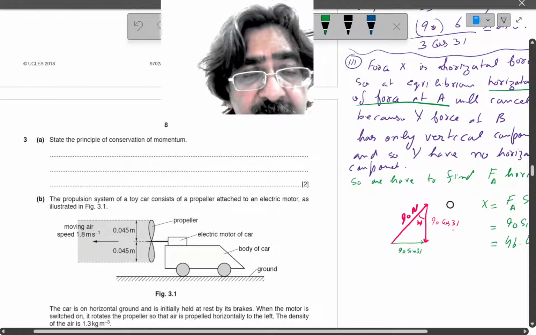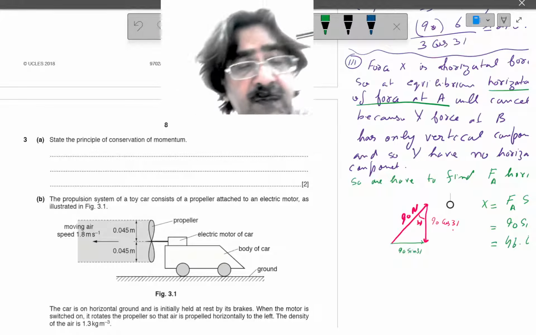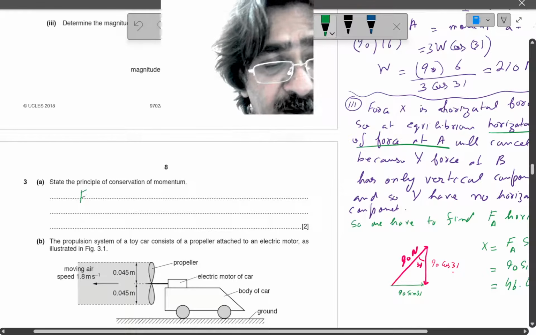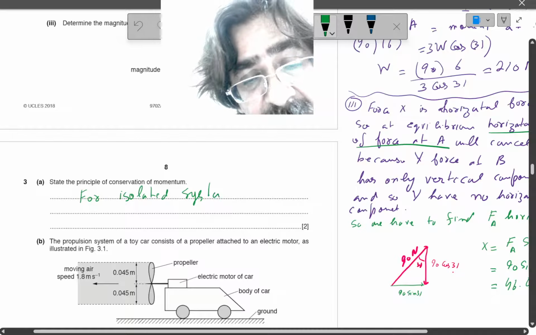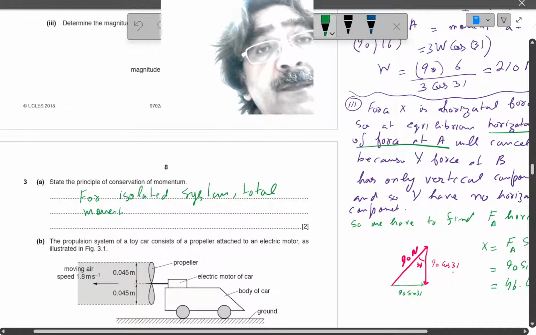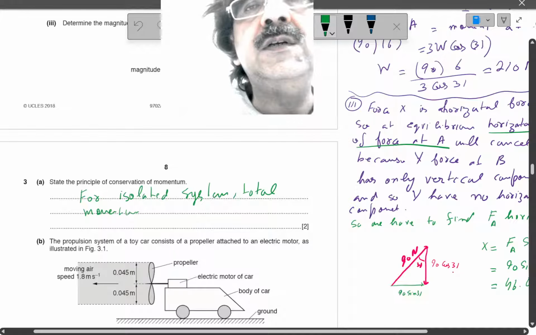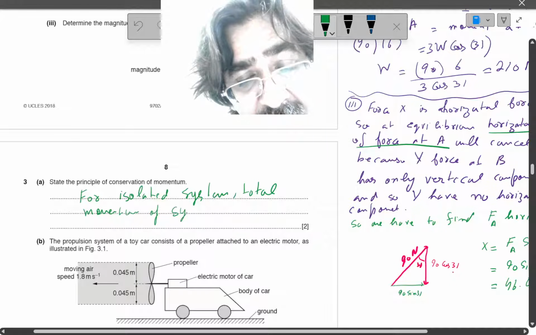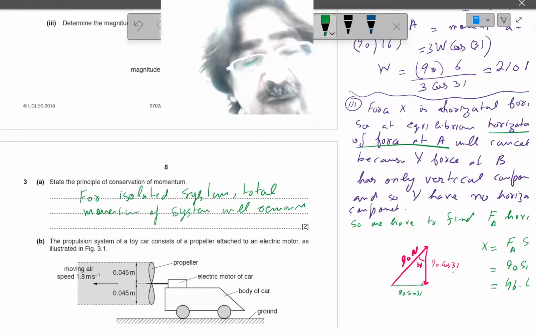The principle of conservation of momentum: for an isolated system, total momentum of the system will remain conserved or constant.